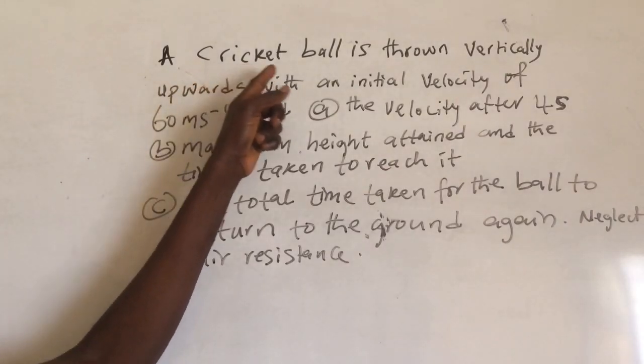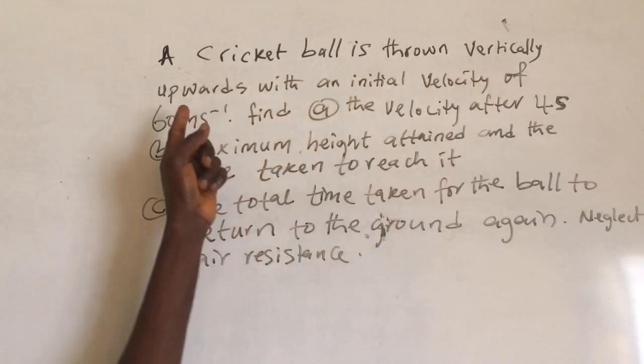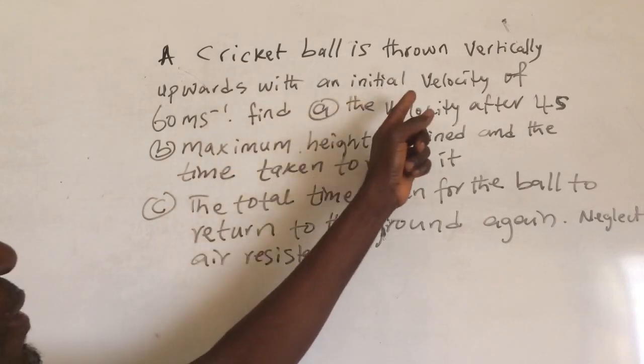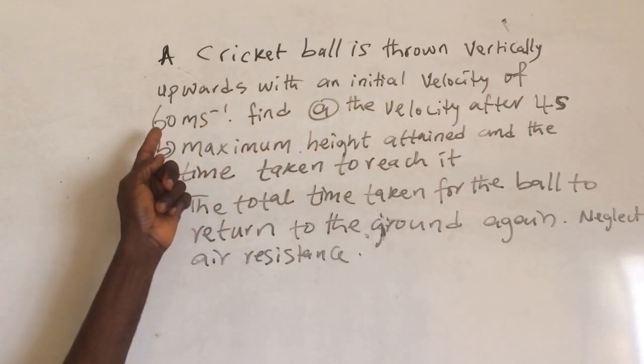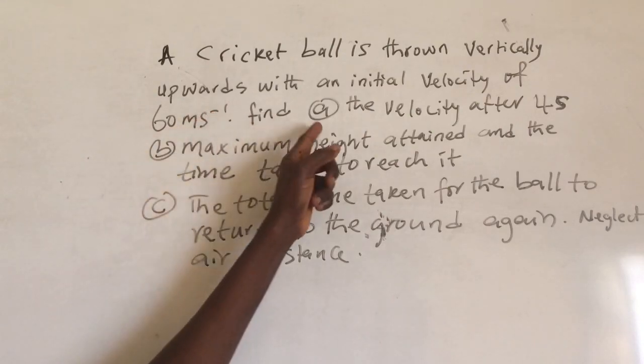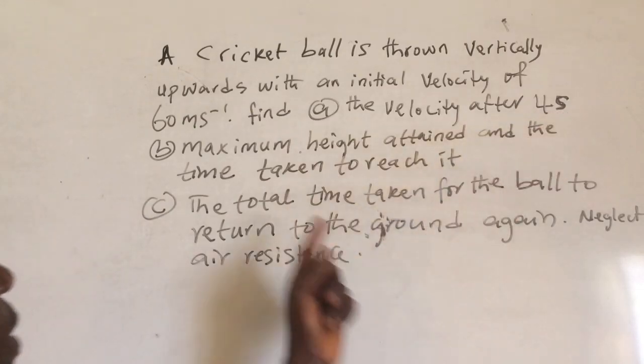A cricket ball is thrown vertically upwards with an initial velocity of 60 meters per second. Find A, the velocity after 4 seconds.